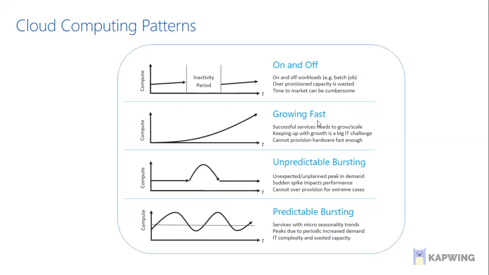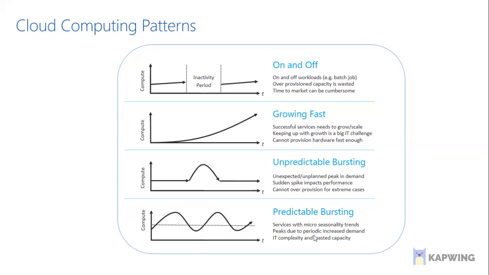Then the second one is growing fast. How does this pattern change? With growing fast, a successful service needs to grow and scale. Keeping up with growth is the big IT challenge, since you cannot provision hardware fast enough. The third one is unpredictable bursting: unexpected, unplanned peaks in demand, where a sudden spike impacts performance and you cannot over-provision for extreme cases.